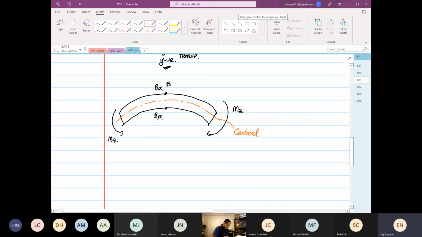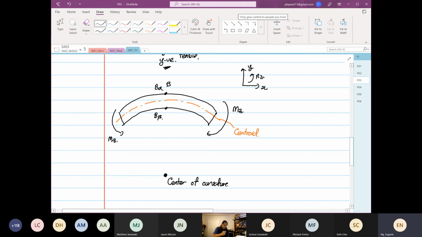Then we can see that now this point over here becomes your center of curvature. Transformation did not change. Okay, x, y, rotation by z did not change.